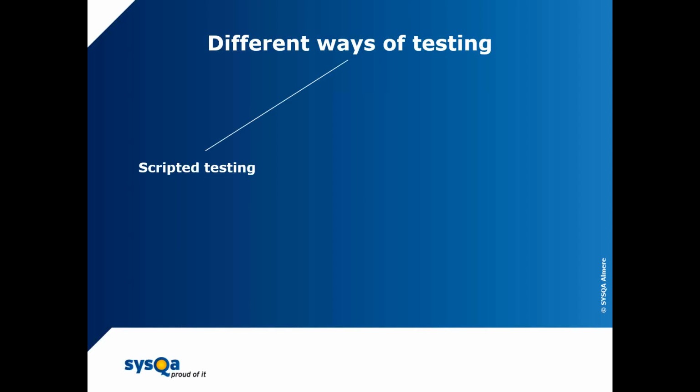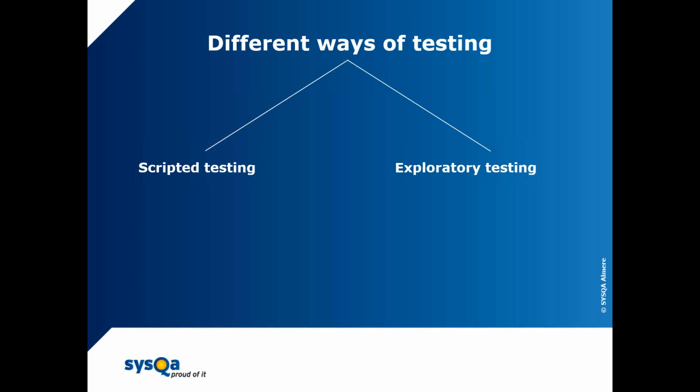And if we look at different ways of testing, we see two main streams, or schools, or some people say even camps fighting each other. And these two main streams, or schools I will call them, are scripted testing and exploratory testing. Scripted testing, well known, has well-defined phases of testing, so planning, preparation, execution and closure, and you do the preparation before you actually start testing.